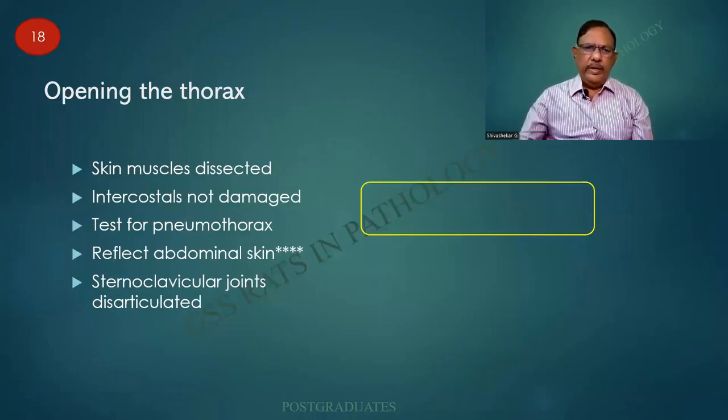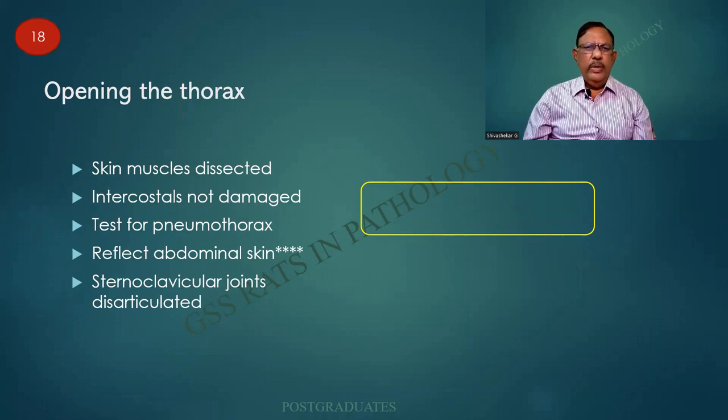How do you open the thorax? Once there is an incision, you find that the skin muscles are dissected and the intercostals are not damaged. You will have to test for a pneumothorax. How do you test for a pneumothorax? It is of paramount importance. Again, a question they will be asking you. You will have to open the portion underwater.